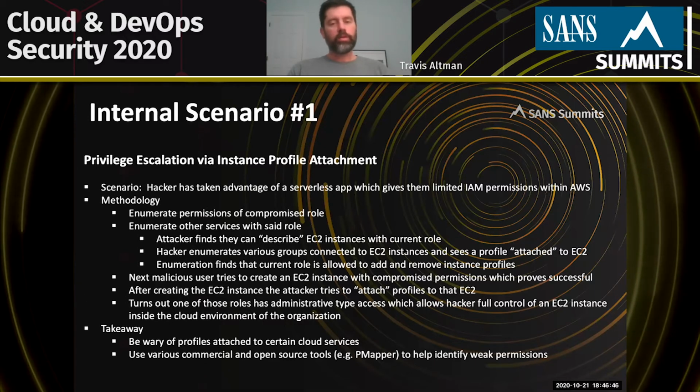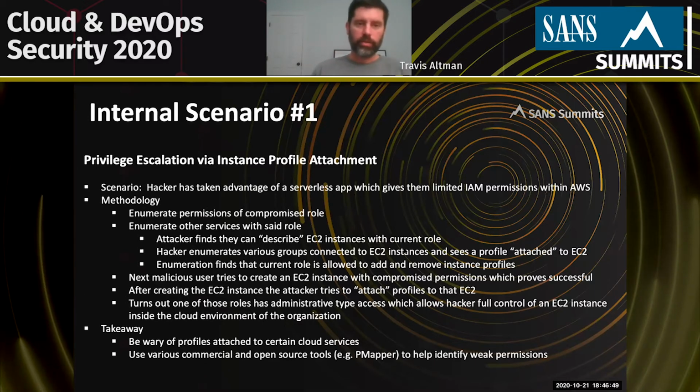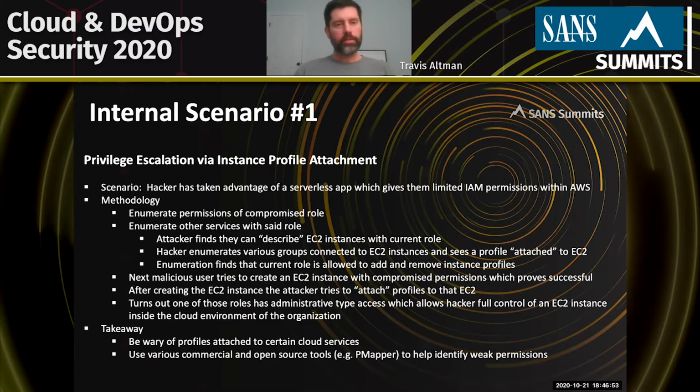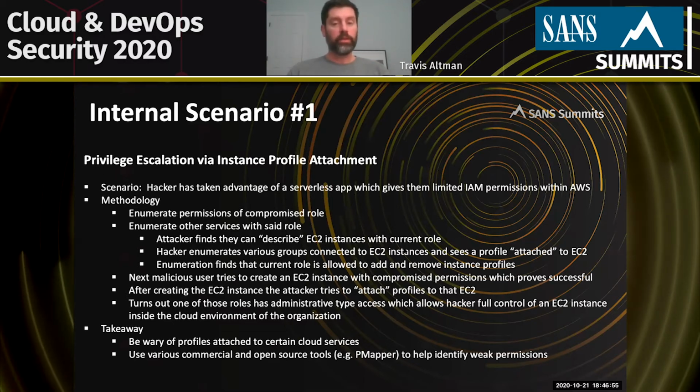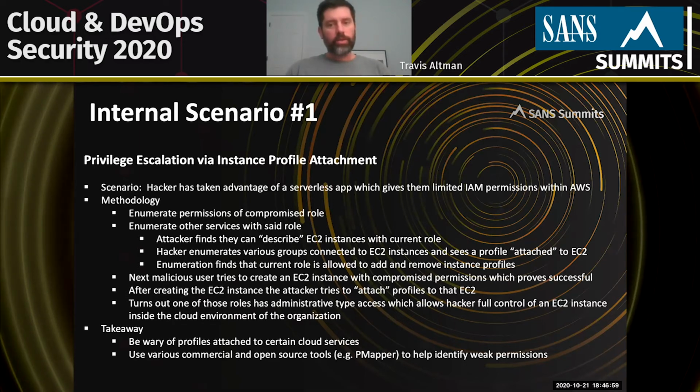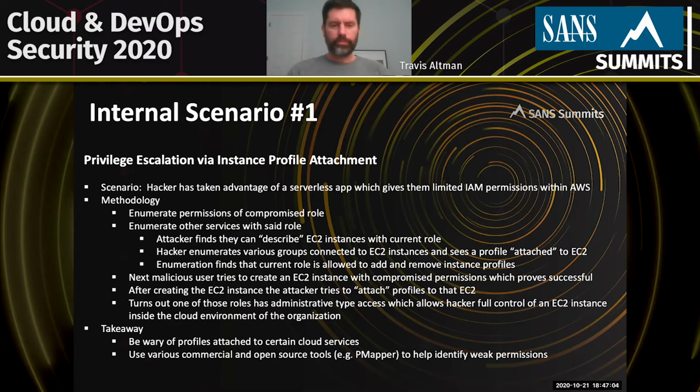And then they stumble across a profile that is attached to the EC2. This is a scenario I've seen in the past, and attackers typically try to leverage it, in that they can see where permissions are attached to any service, but in this case, we're talking about EC2.